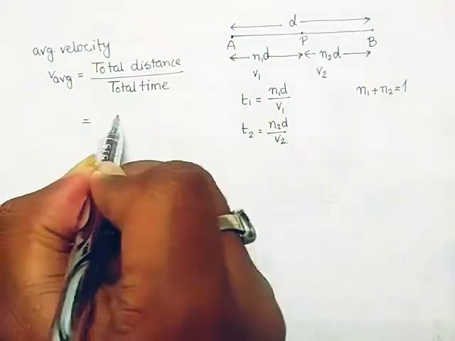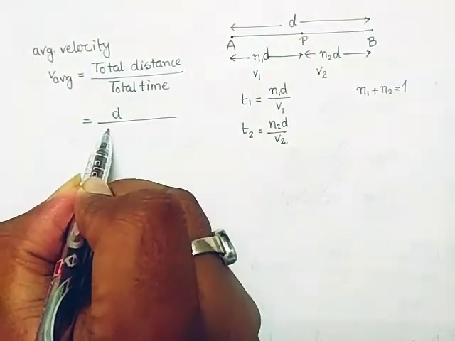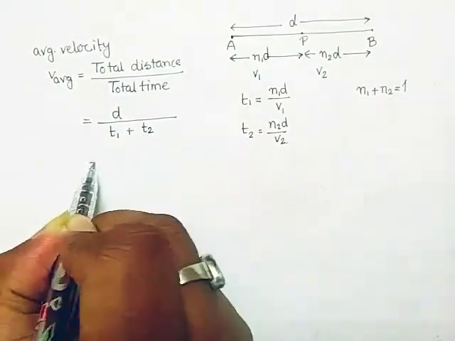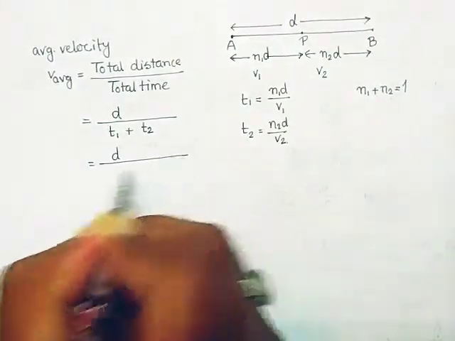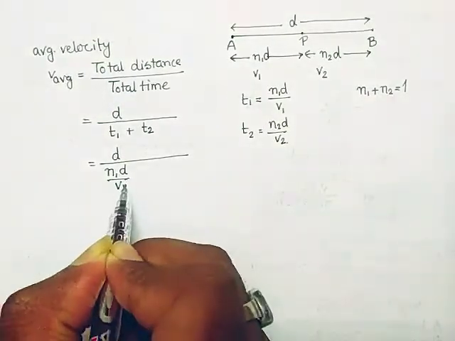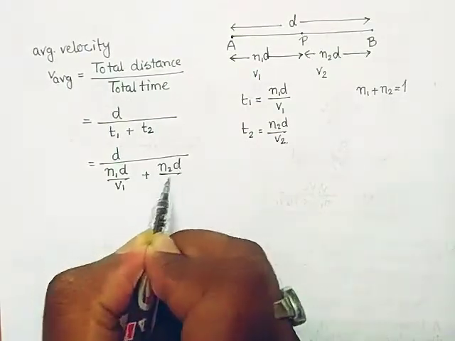What is the total distance? Total distance is obviously d, and the total time is t1 plus t2. So it is d divided by n1d over v1 plus n2d over v2.